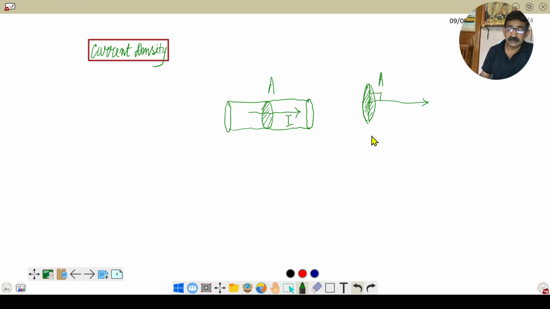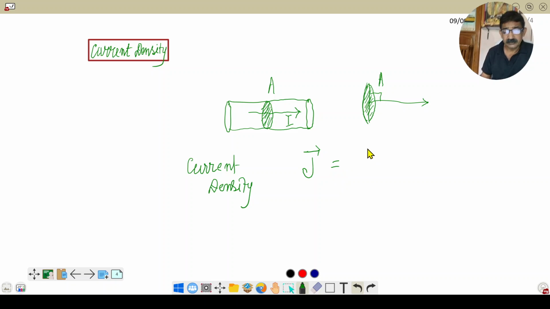Now, A is equal to area of cross section, I is equal to current, then current density J is a vector quantity.